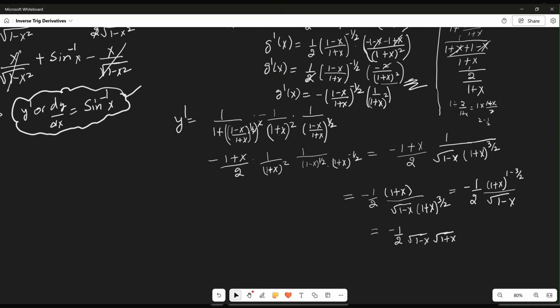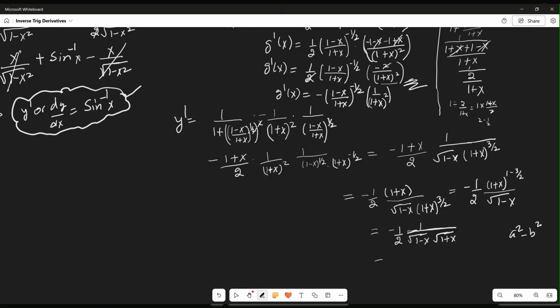Now, how can you rewrite this now? What I'm saying is a plus b, a minus b here, which is a formula of a square minus b square. Right, right.